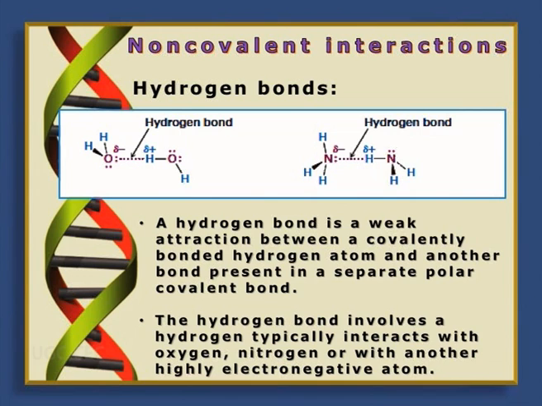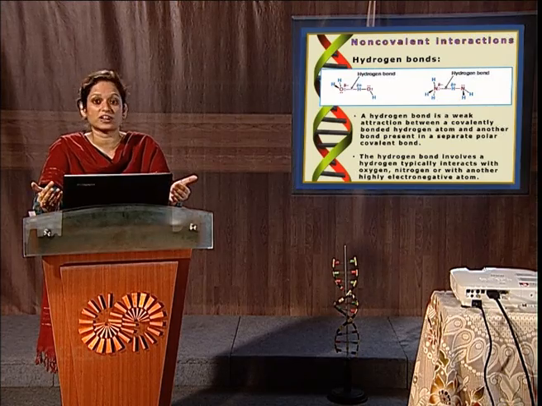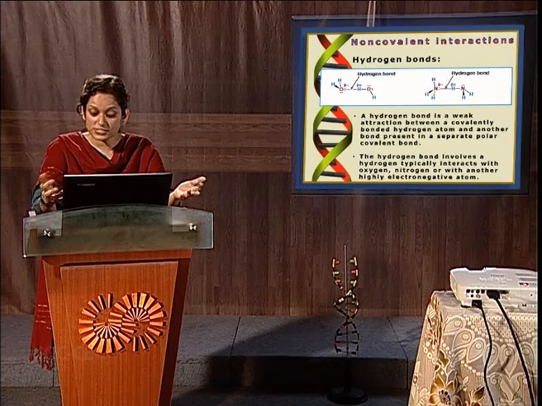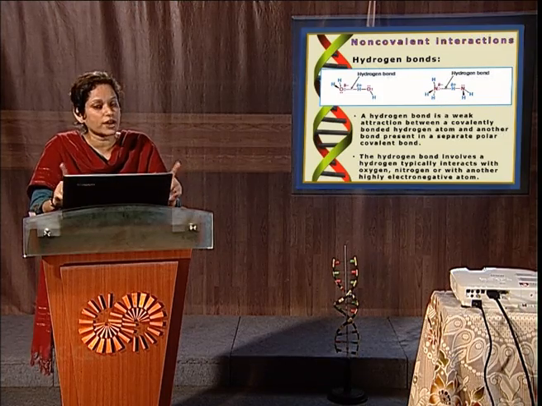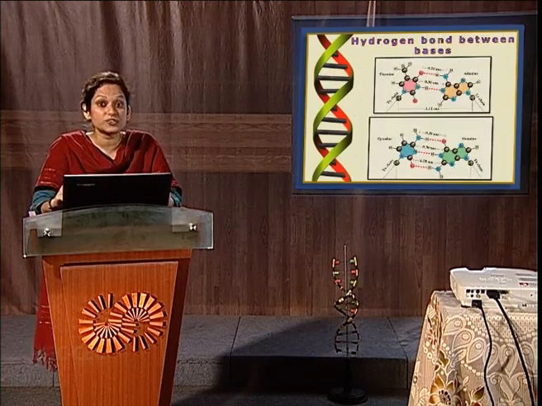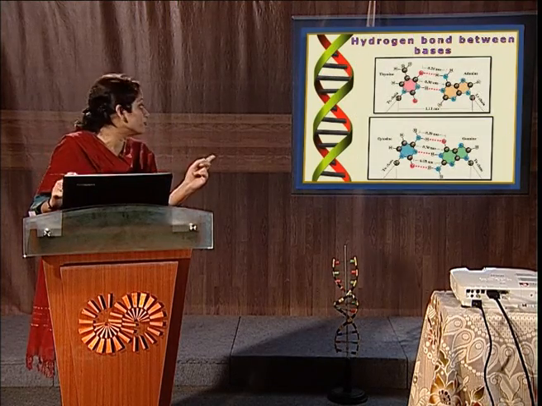As a result of hydrogen interactions, the DNA structure becomes stabilized, and even the secondary structures of RNA become stabilized. What else? It also contributes to one of the very important features of nucleic acids, that is, the specificity of base pairing.